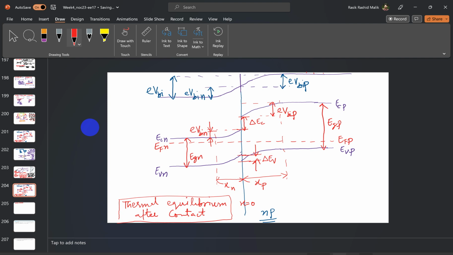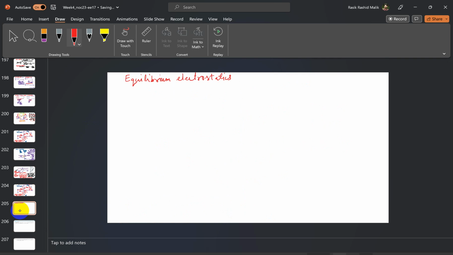Because if we simply calculate the work function on the wider band gap side and the work function on the narrower band gap side, that will give us the barrier potential. Okay, so from that we can actually calculate what the VBI will be. Okay, so let's start by doing that.